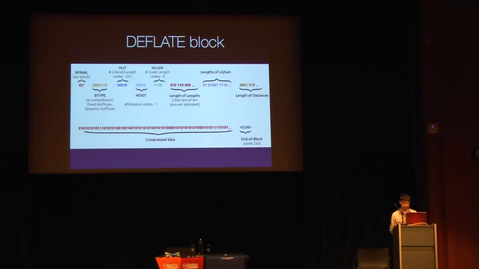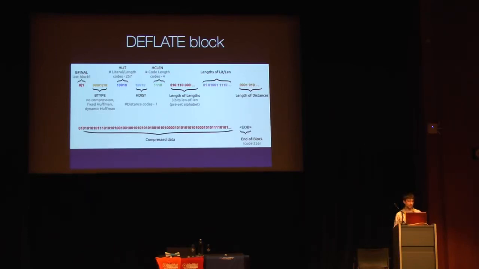Then 2 bits that say this is dynamic Huffman, so you specify your own tables. For what a table is, feel free to look at the specification. It's basically something that translates bytes to other bytes, and this is something that we'll use. In this case, it always has to be dynamic Huffman.